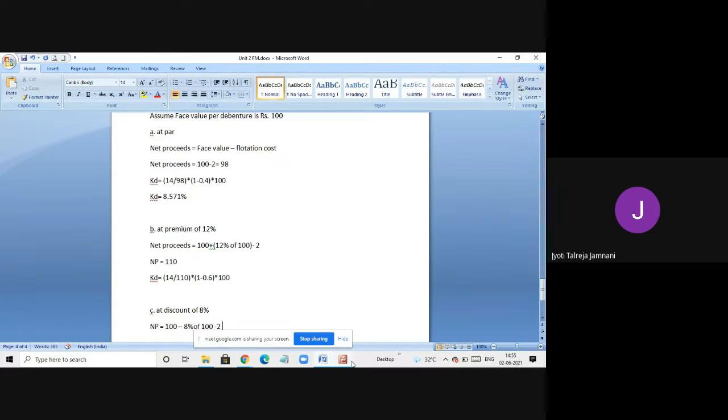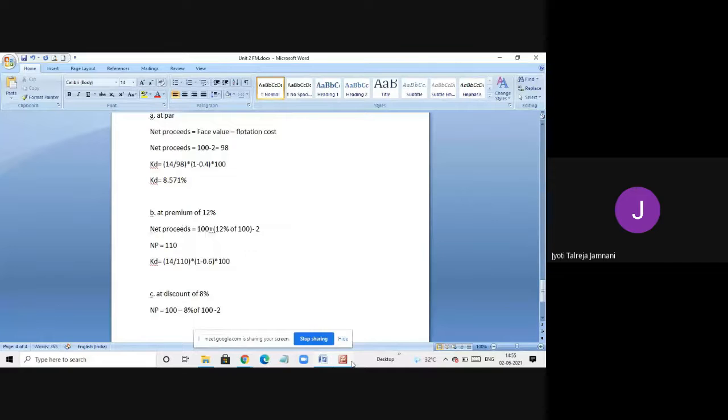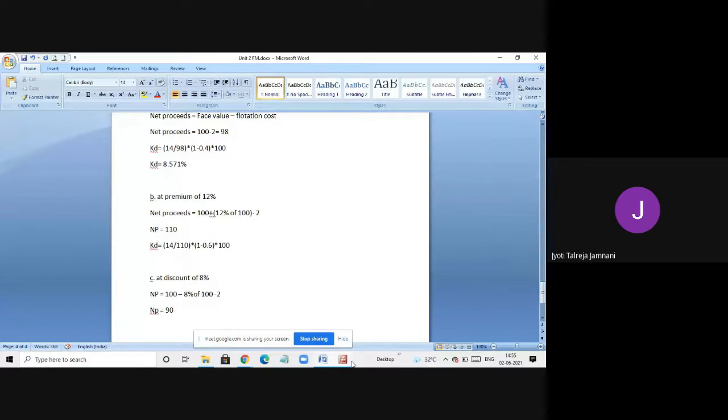So 8% of 100 is 8 rupees. So 100 minus 8 minus 2. That means 100 minus 10 we have to do, which will come to 90. Cost of debt will be equal to interest 14 rupees divided by net proceeds 90 into 1 minus tax rate, 1 minus 0.6 into 100.